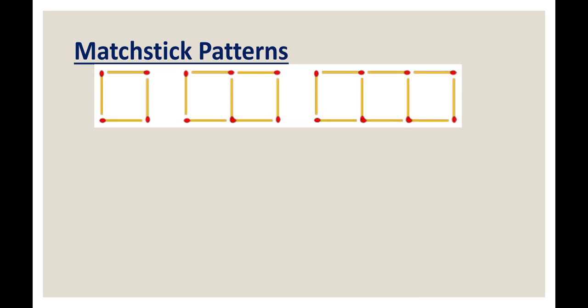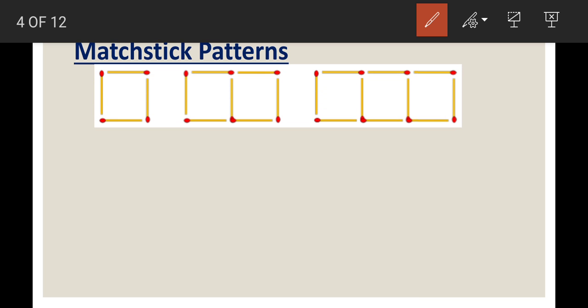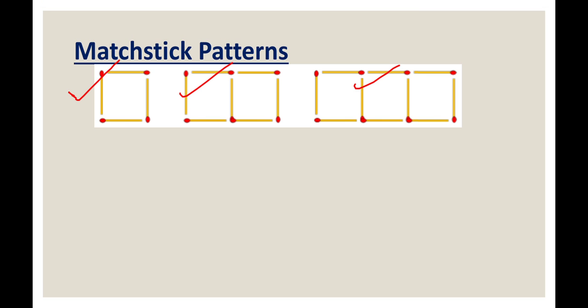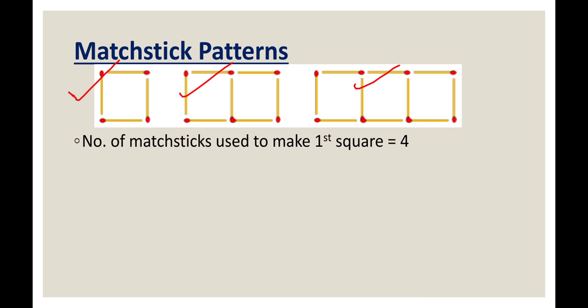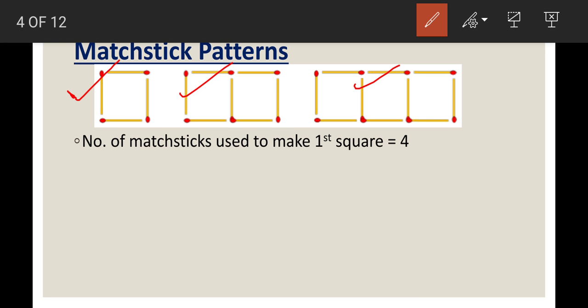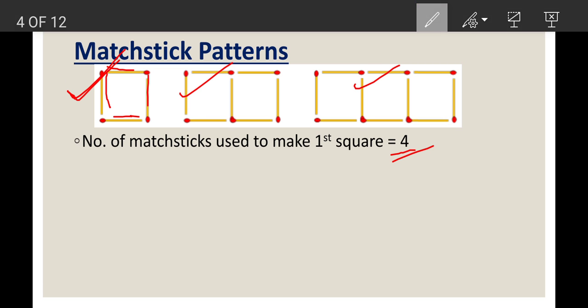Look at this one. It is square 1, square 2, square 3. So how is it forming? Here we will discuss the pattern for this one. The number of matchsticks used in the first square, if we count, is 1, 2, 3 and 4. So the number of matchsticks used in the first square is 4.